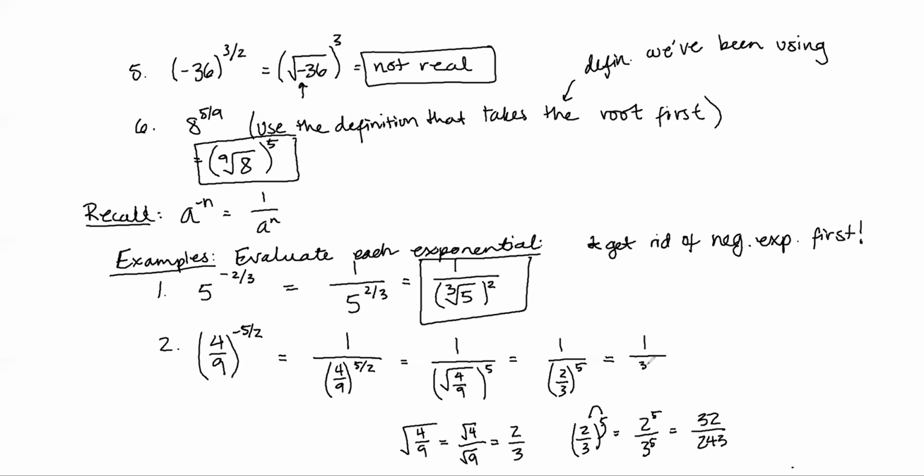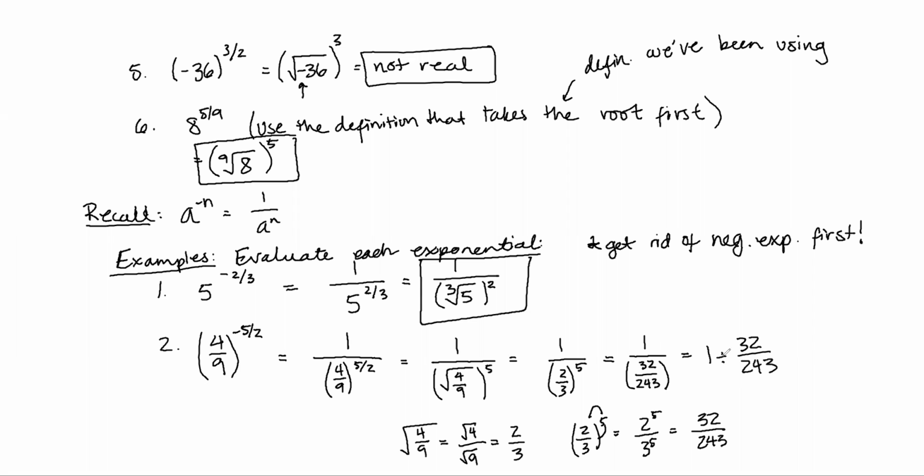So I'm going to bring this back over here, and I'm going to put parentheses around that fraction, just so you know that it's on the bottom of the fraction. And now remember, fractions are the same thing as division. So this is the same thing as 1 divided by 32 over 243.